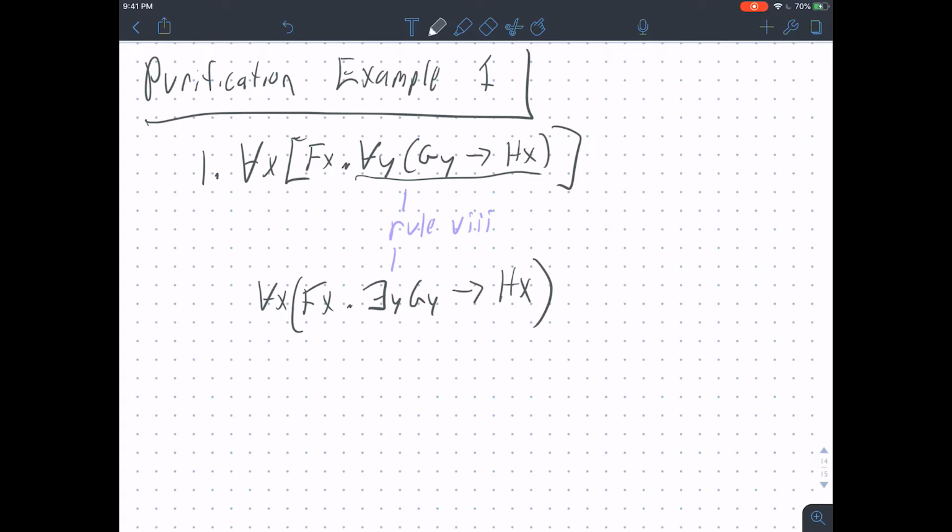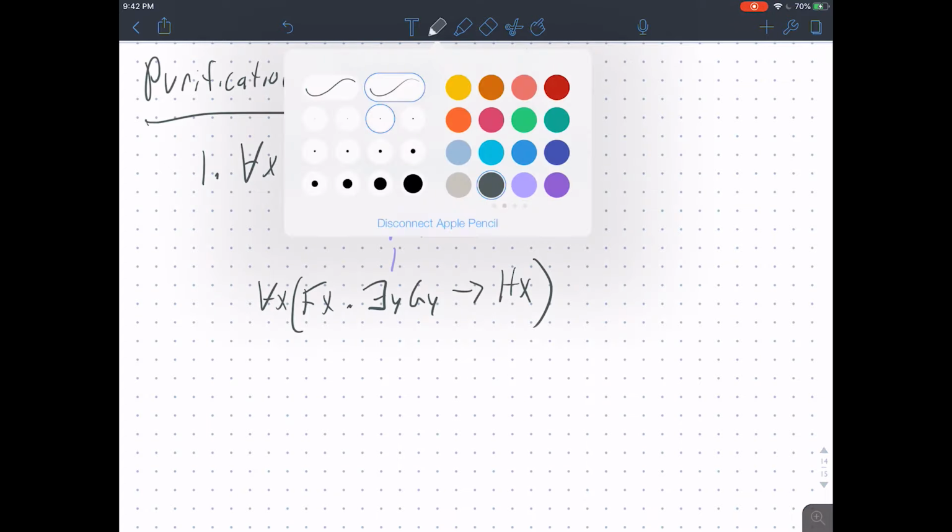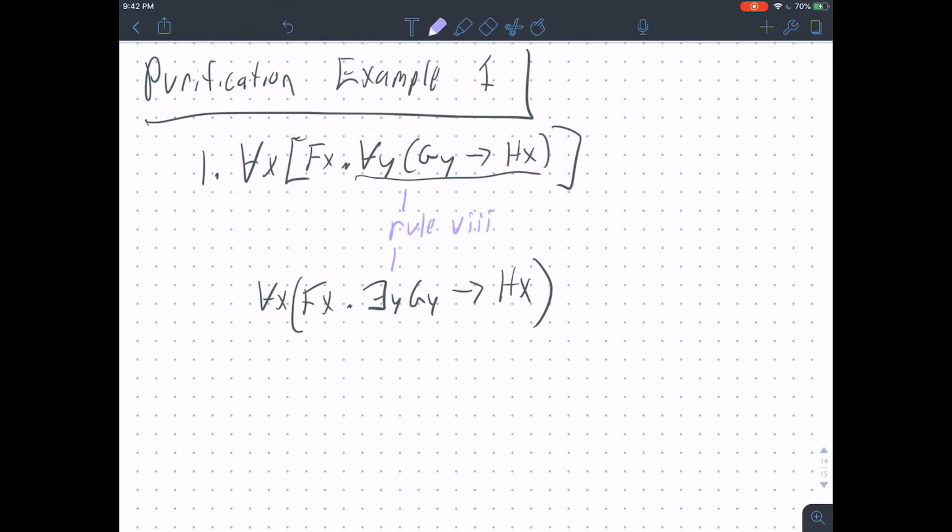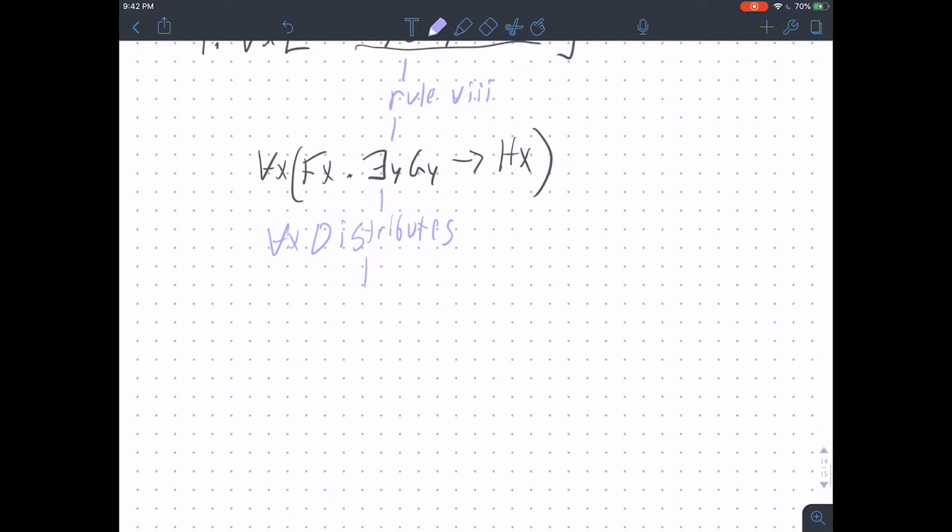Not bad at all. So the next thing we have to do here, it doesn't look like we can apply any of our rules, and this is why I had to tell you that the universal quantifier distributes across conjunction. So if we wind up in a situation like this, we have to distribute the universal quantifier.